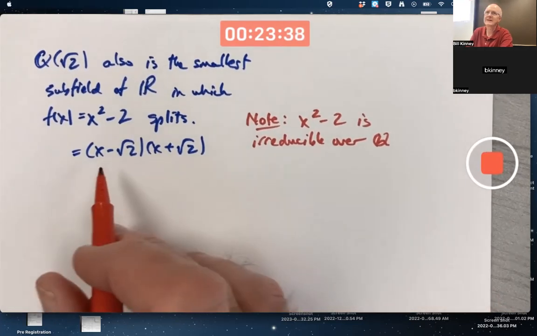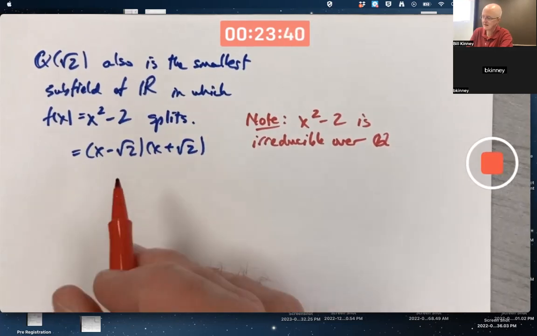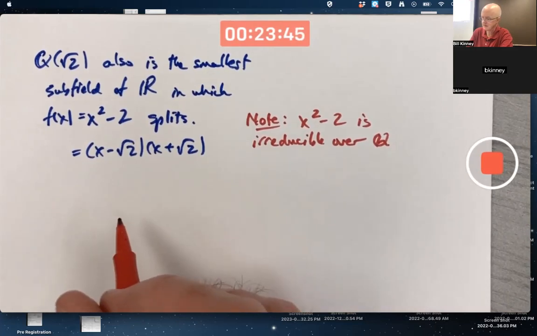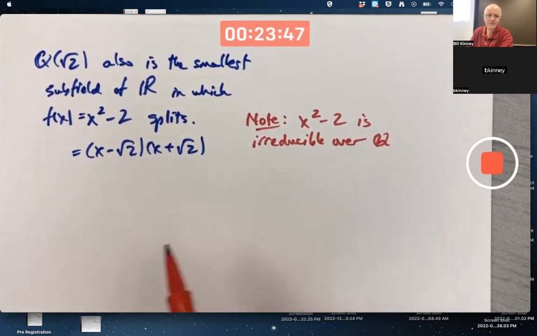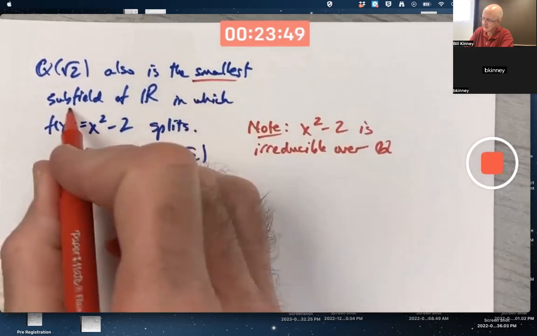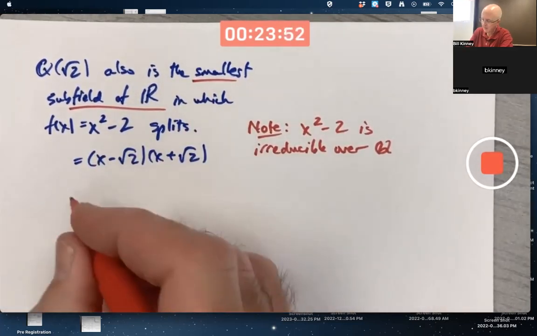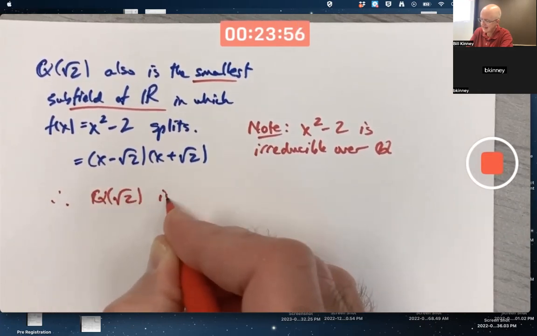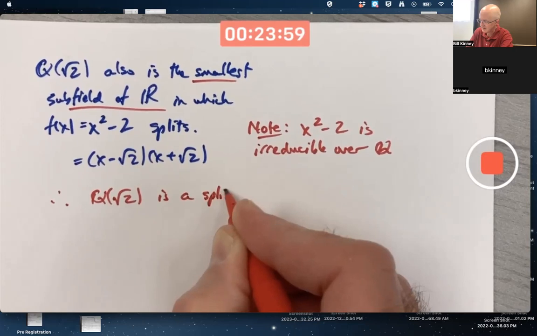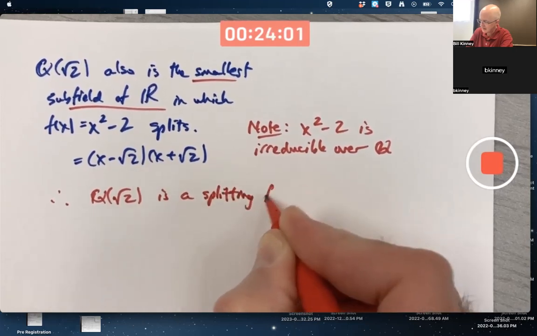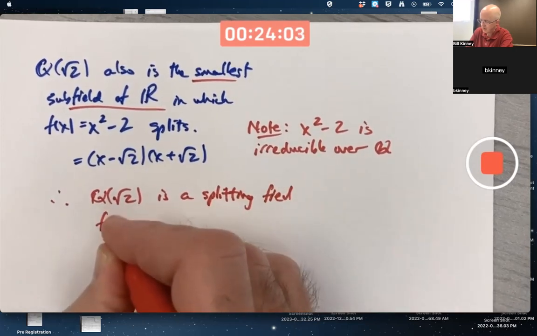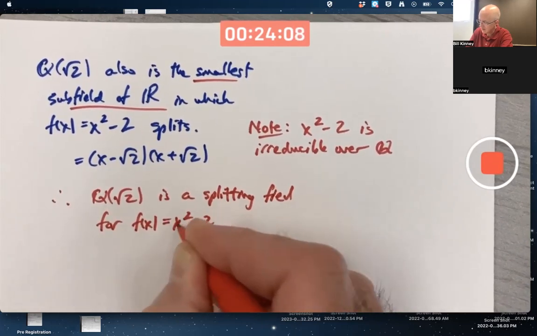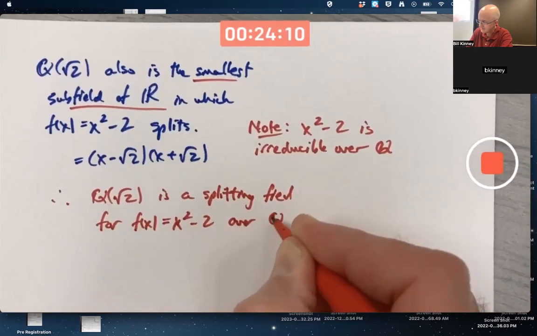But we also know it doesn't have any rational roots. It's degree 2, therefore another reason it's irreducible over the rationals. And yes, this is the smallest subfield of the reals in which f of x splits. Therefore, q adjoin square root of 2 is a splitting field for f of x equals x squared minus 2 over the rationals.